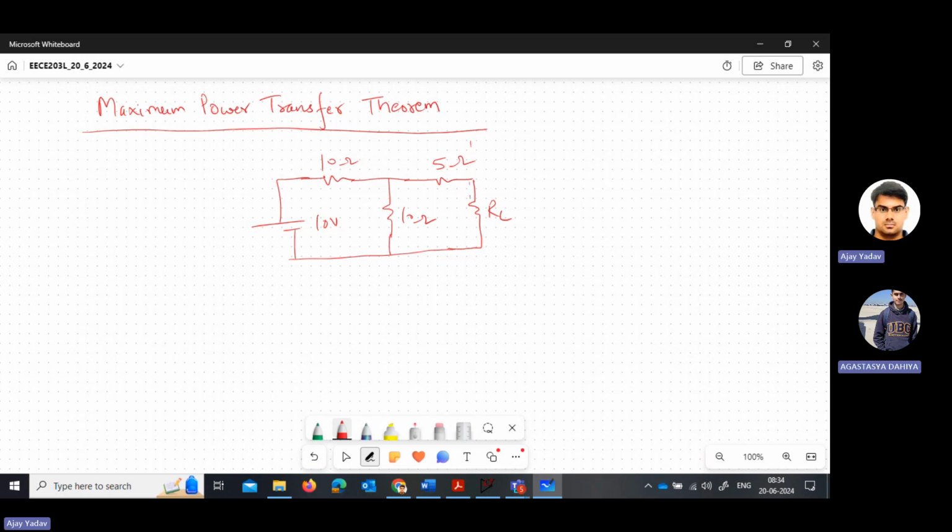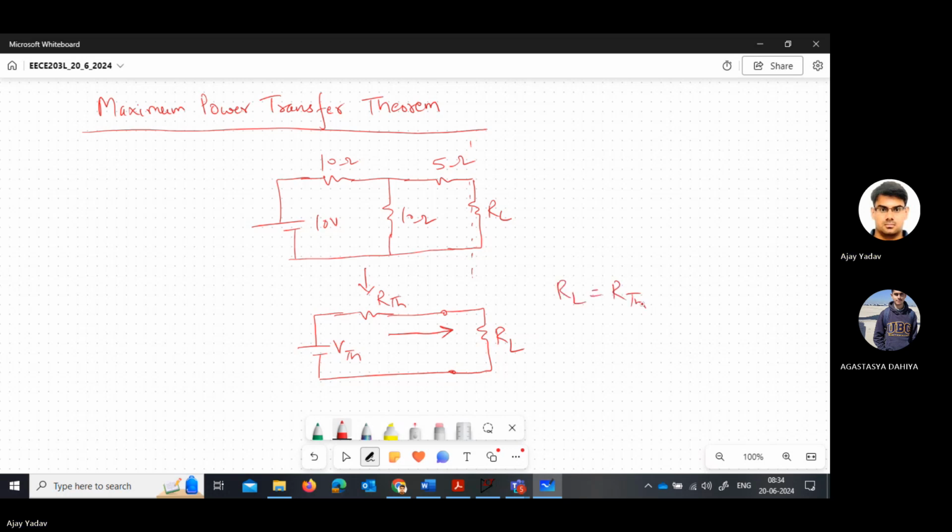then according to the maximum power transfer theorem, if you replace this circuit by its Thevenin equivalent, that is, the Thevenin equivalent voltage VTH and Thevenin equivalent resistance RTH, then maximum power is transferred from this side of the circuit to the load resistance when RL is equal to RTH.